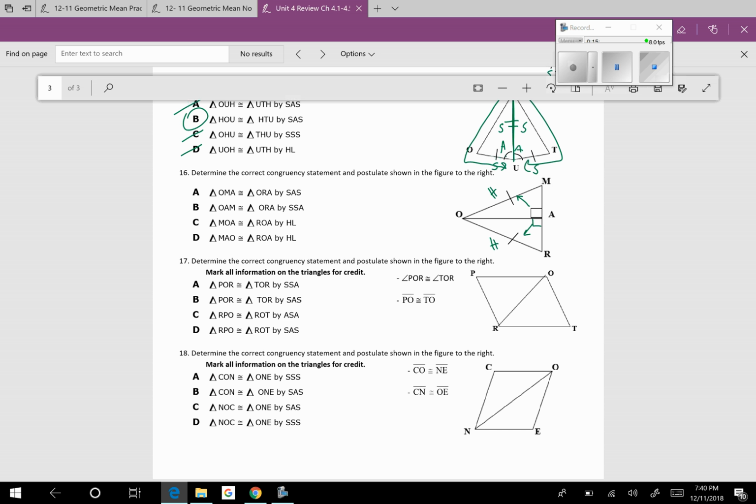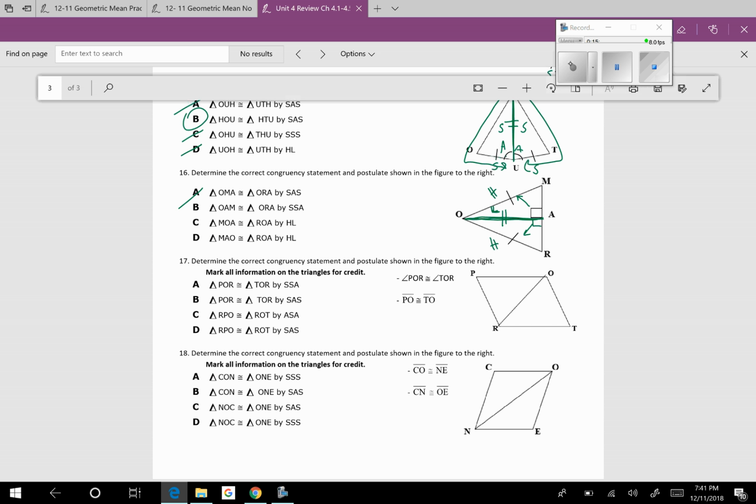And then the legs are these sides of the right triangle here. So we don't know if MA and AR are congruent because they're not marked, but here, AO, since they're both shared, that is definitely congruent. So this is our leg. So we can use hypotenuse leg to prove they're congruent.